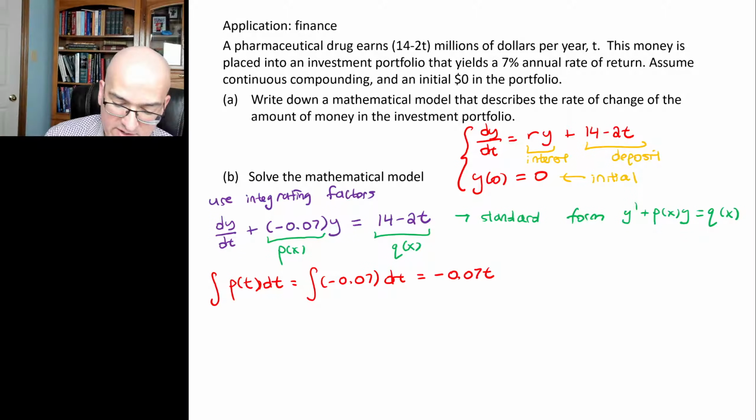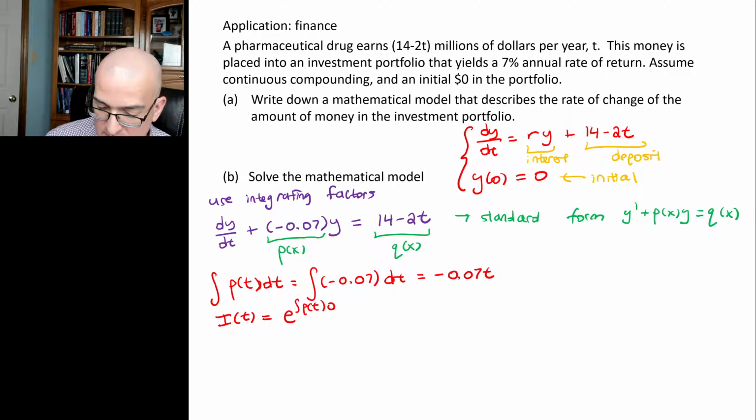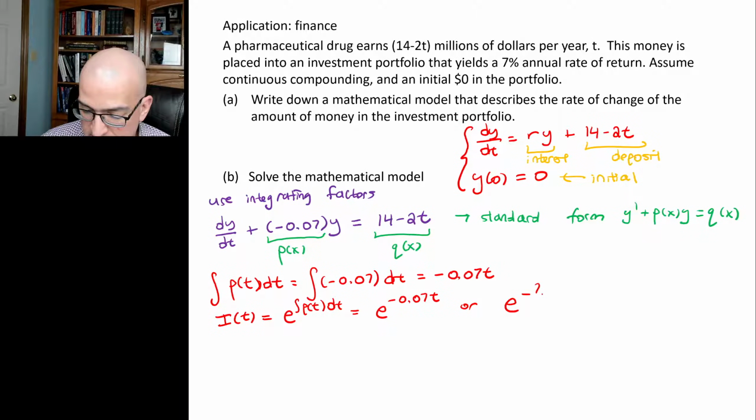And then your integrating factor, I of x, is equal to e to the integral of p, or I of t, there I go again, force of habit. So e to the negative 0.07 t, or e to the negative 7 over 100 t, if you don't like decimals.